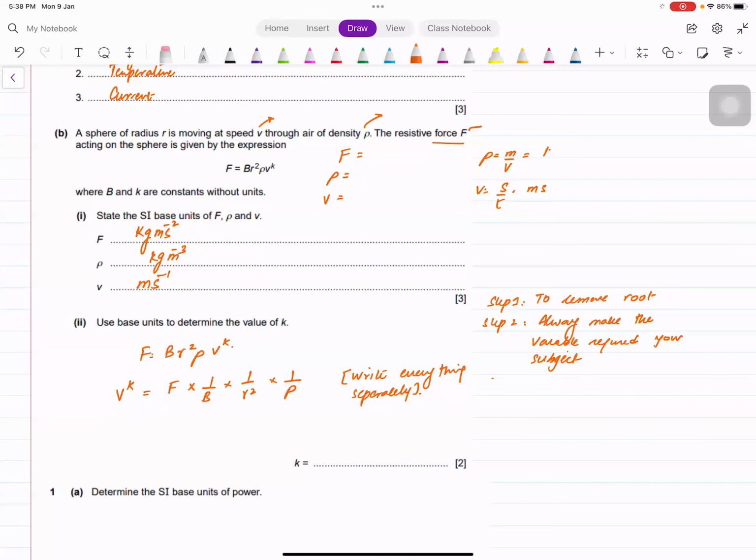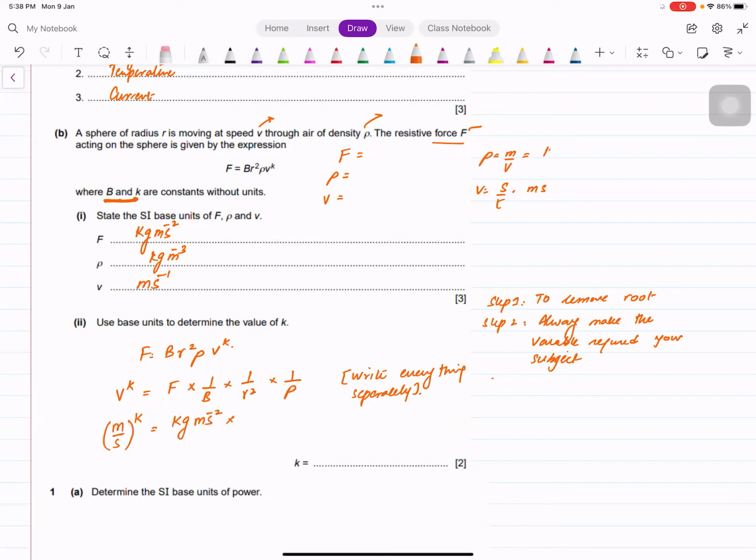And then what you're going to do is put in the units. It says B and k have no units at all. Interesting, right? K is a value. So we're going to ignore the ones which have no units at all. So it's meter per second for the velocity, and it has a power of k. Force is kg meter second minus 2.